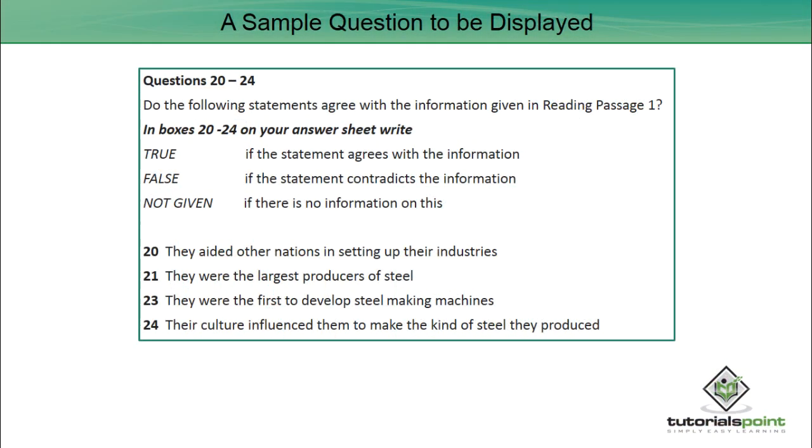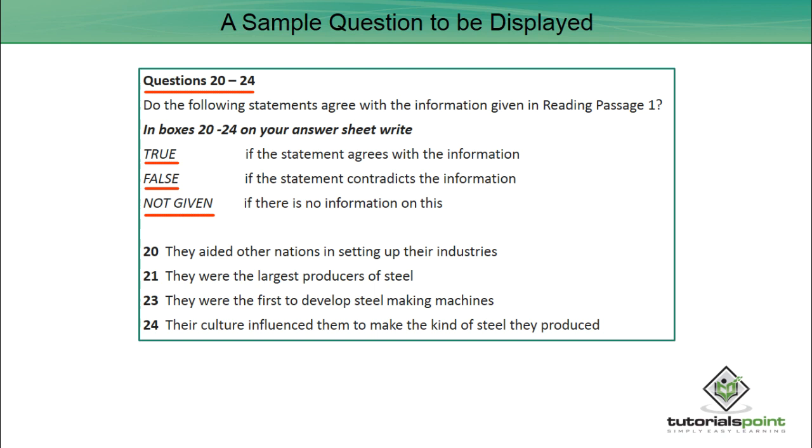So here we see a typical question that you will see in your reading exam. The question reads, question 20 to 24, do the following statements agree with the information given in reading passage 1? In boxes 20 to 24 on your answer sheet, write true if the statement agrees with the information, false if the statement contradicts the information, not given if there is no information on this.